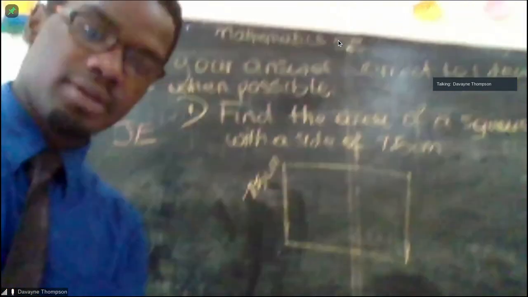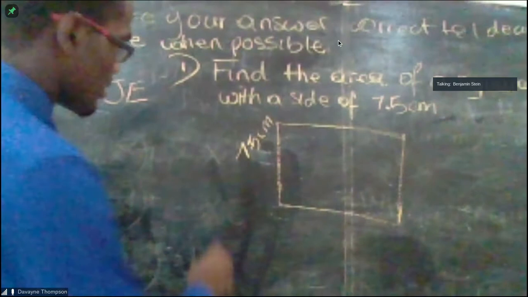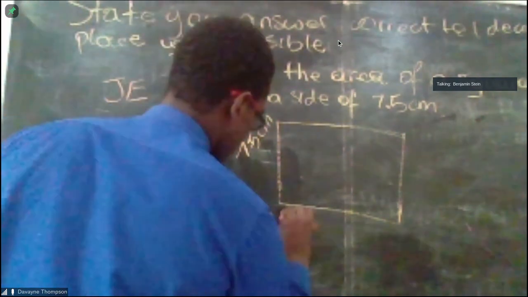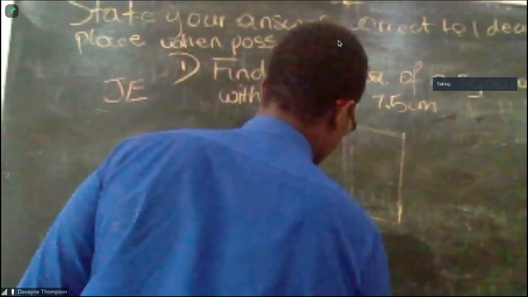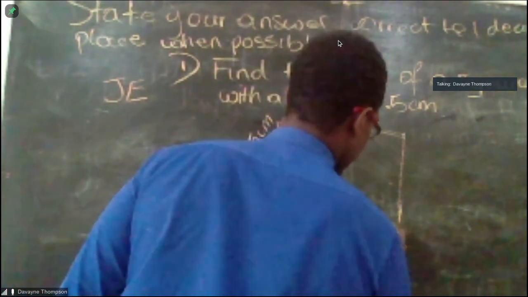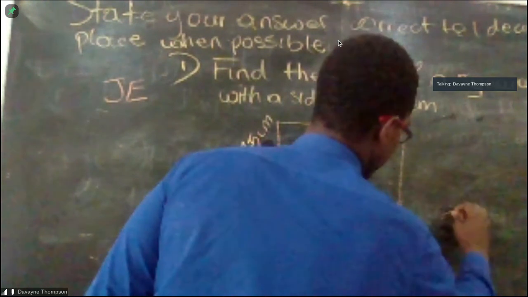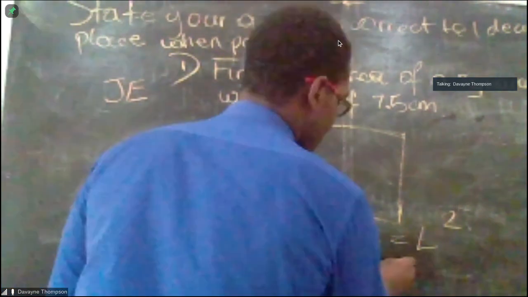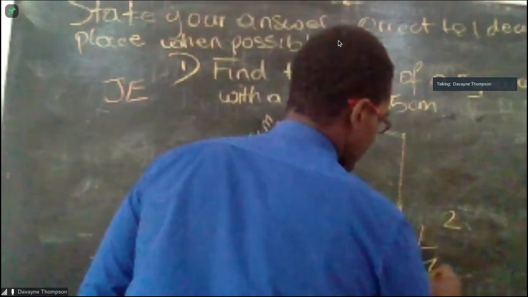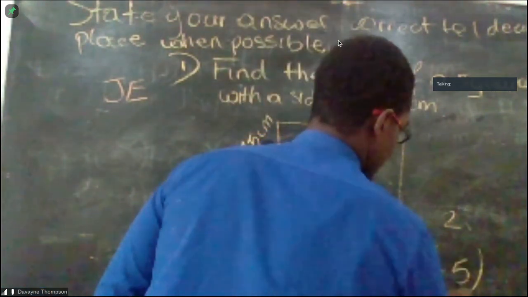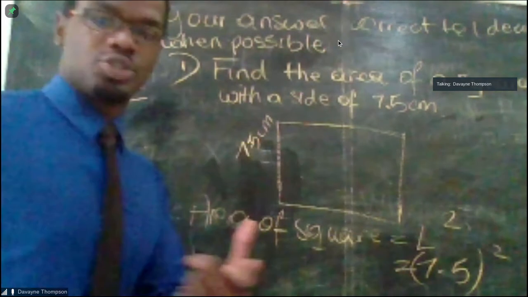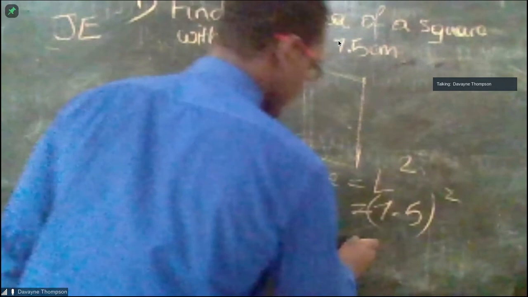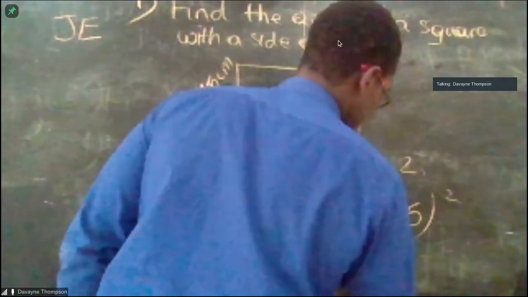Everybody agree? Yes, sir. Area of a square is equal to L squared. Then now you put in the 7.5 squared, which, as Jude said, is the same thing as 7.5 times 7.5.